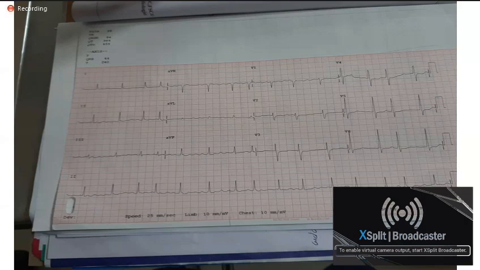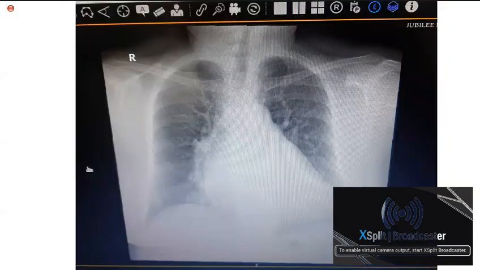Okay, X-ray chest. Yes, anybody would like to interpret, Aditya, or somebody would like to interpret the X-ray chest? I will interpret. Okay, right. Sir, this is a chest X-ray PA view, which is showing there is a cardiomegaly.